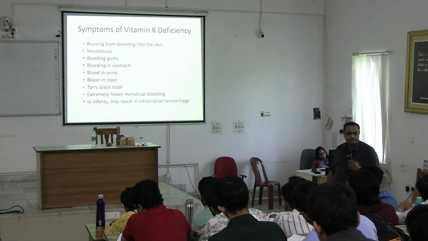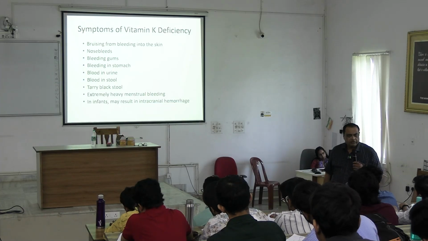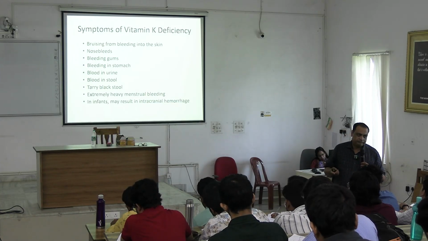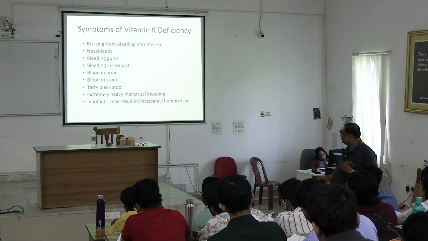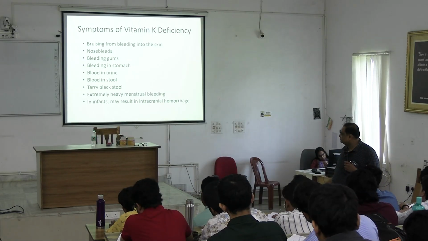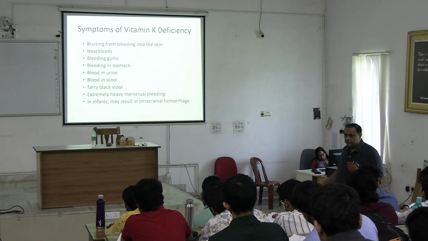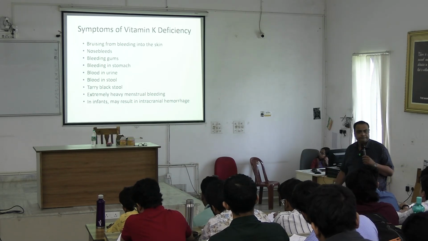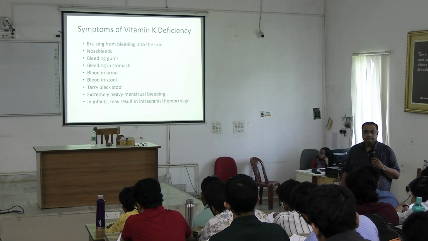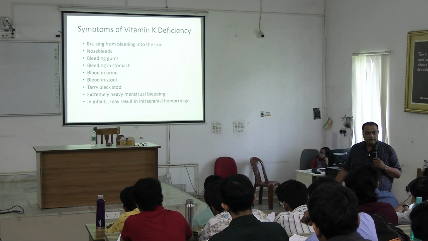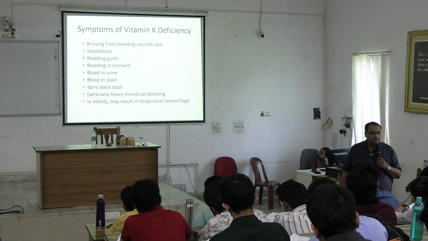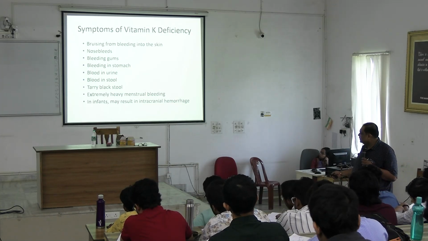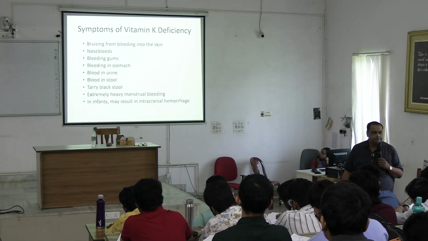Bleeding gums. Very often while brushing, the bleeding will start but it will not stop. Bleeding in the stomach, blood in urine, blood in stool. Sometimes a small ulcer will persist for a prolonged period.